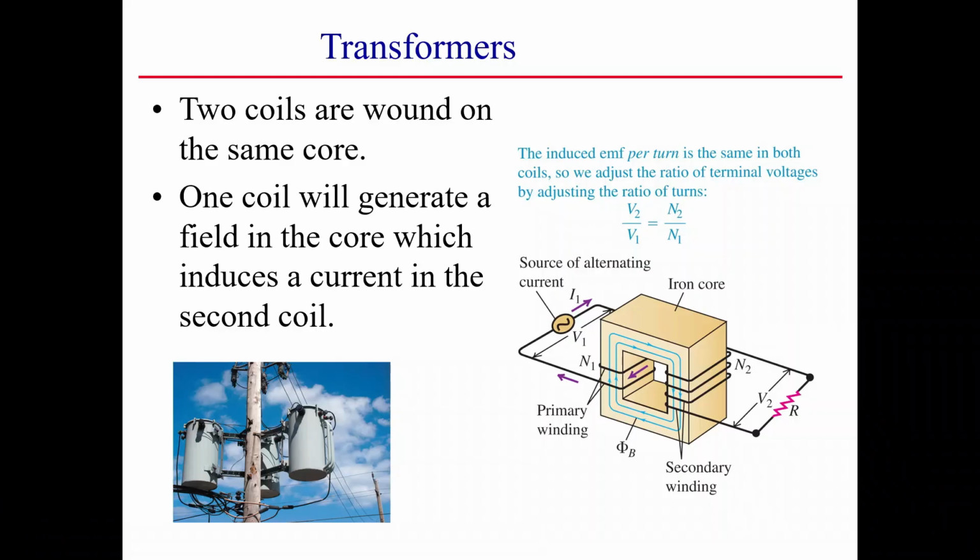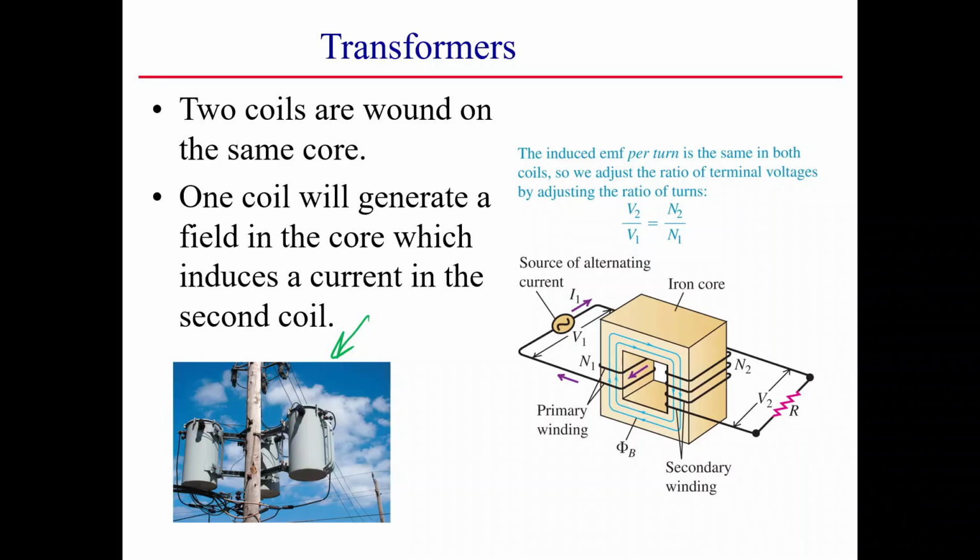And just one last topic here are transformers. Transformers are going to be another application of flux and solenoids. We're not going to go super into detail on how all these equations are derived, but they're kind of cool. You might have seen transformers on the power poles.